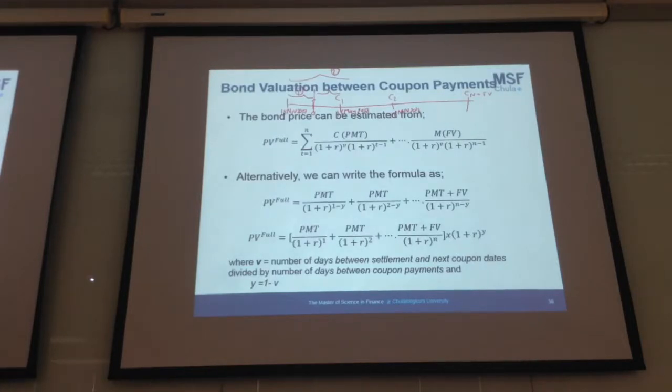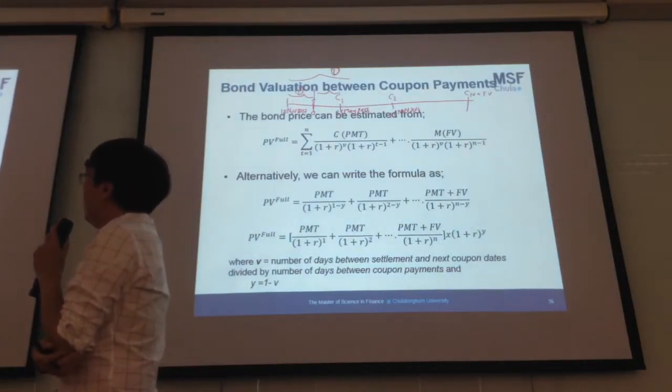First coupon payment divided by 1 plus r over 1 minus y. Because the total period is 1, and then you deduct the first part, so it is equal to v. 1 minus y is equal to v, right? And PMT over 1 plus r2 minus y, right? And so on until the last coupon payment.